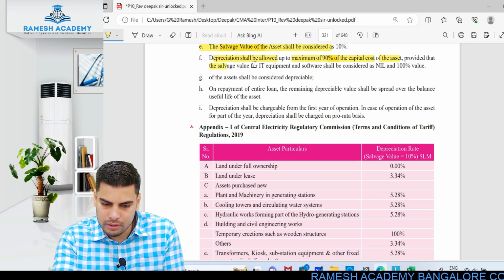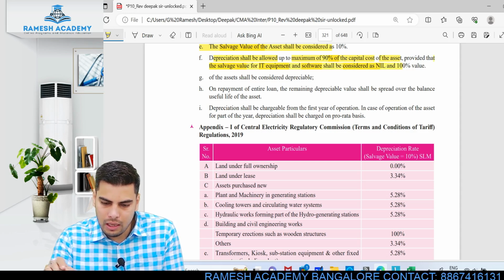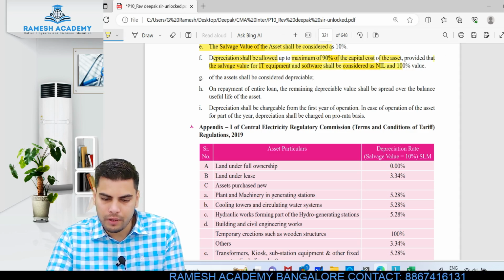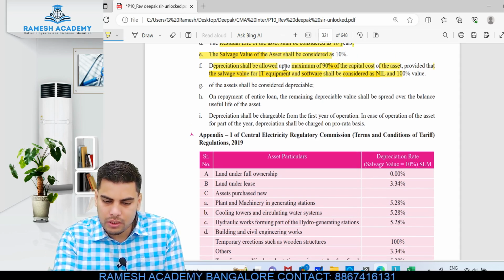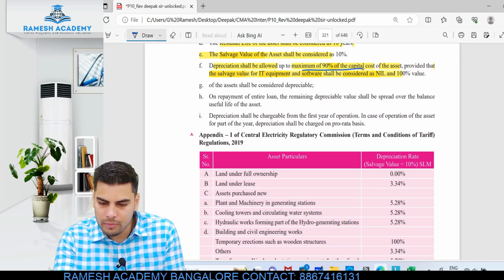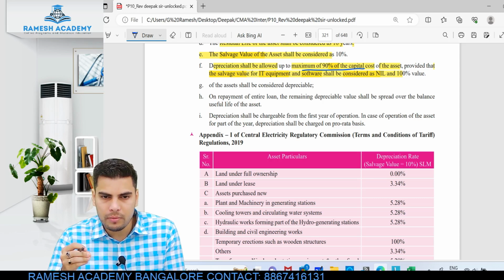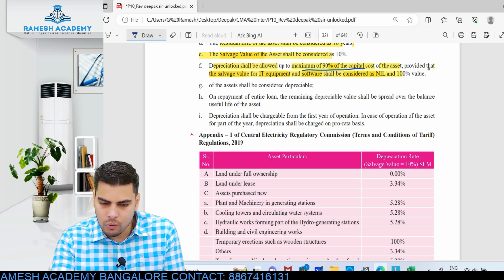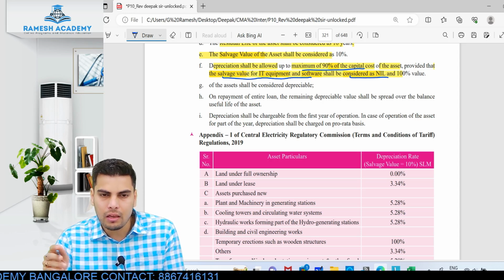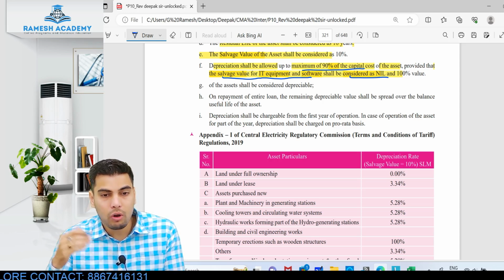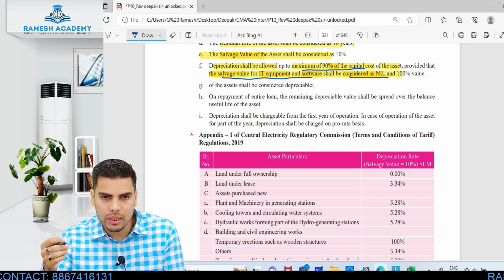Provided that salvage value for IT equipment and software shall be considered as nil and 100% of the value is depreciable. So for IT equipment and software, if we consider the salvage value as 0, don't you think depreciation will be charged on the entire 100%?